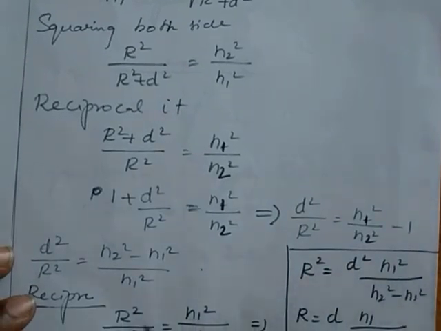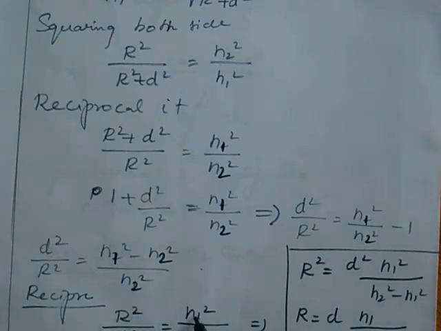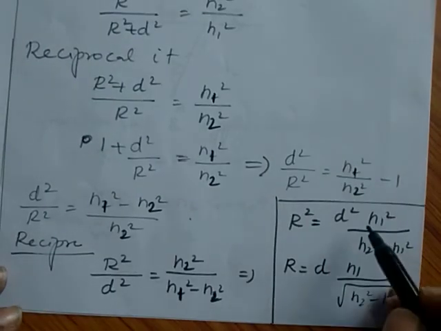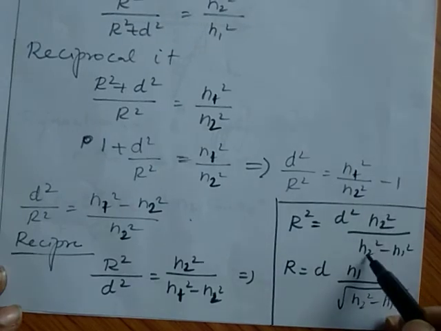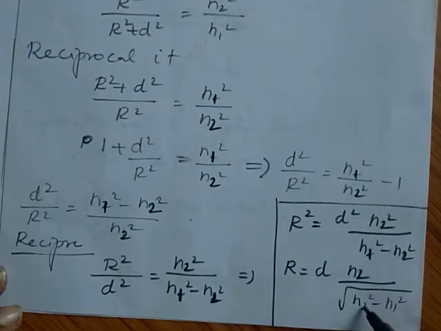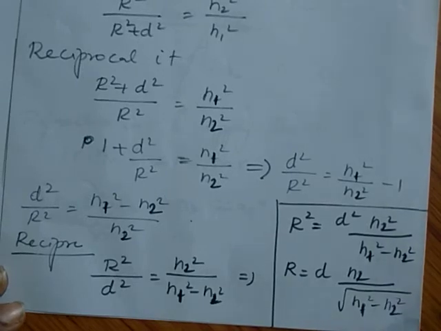Then next, here that is n1 square minus n2 square by n2 square. Then after reciprocating, n2 here, n1 here, n2.